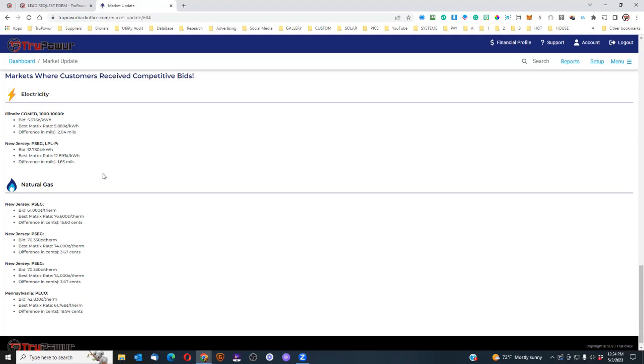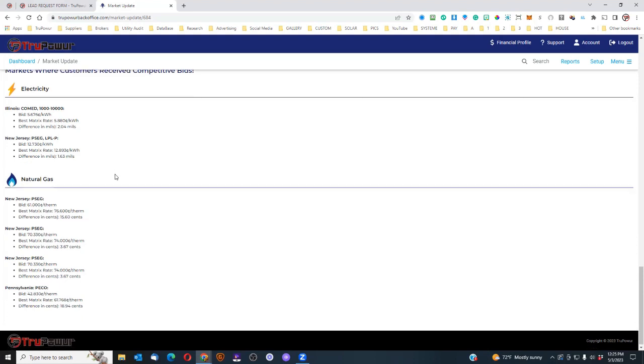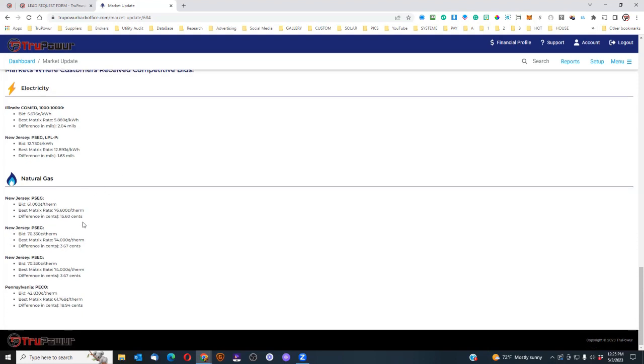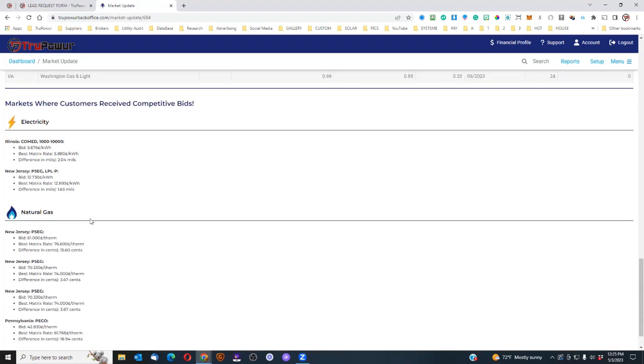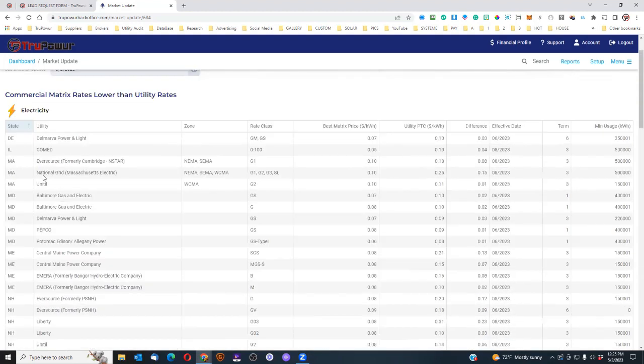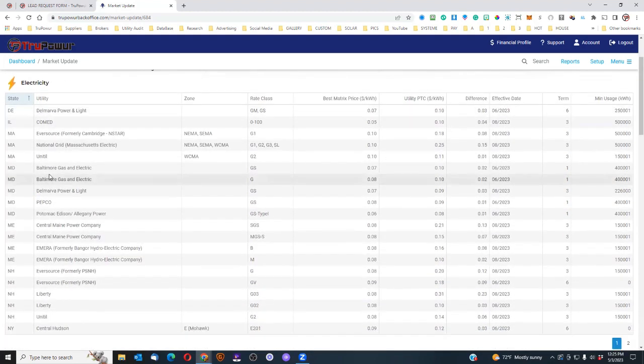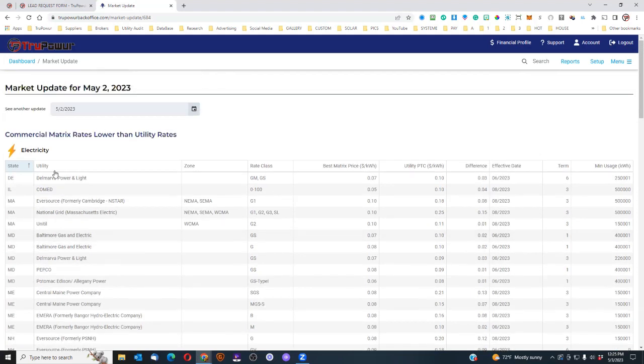It also means that the suppliers in Illinois and New Jersey are being a little more aggressive than others. For natural gas, the same thing. So if I'm making a decision, I might choose Illinois or New Jersey over another state just because I know that they're going to be a little more aggressive in pricing.